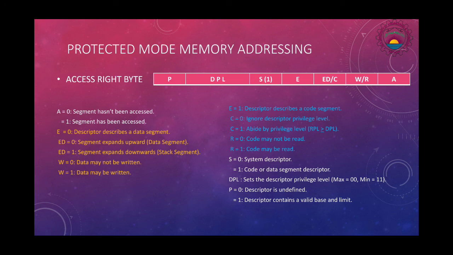So this descriptor privilege level is matched with RPL, and whenever you are accessing a code segment, a condition is checked: RPL greater than or equal to DPL. The maximum privilege value for DPL is 00 and the minimum is 11.